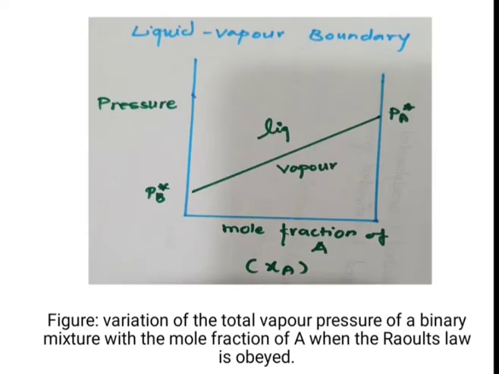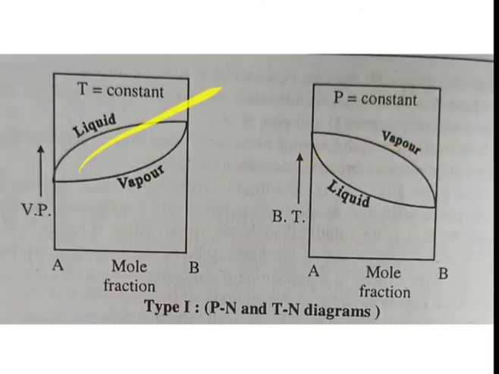This diagram shows, here is the middle part. In this circular part both phases are present, liquid plus vapor, but outside this, at the upper side only liquid is present, and at the lower side only vapor is present.